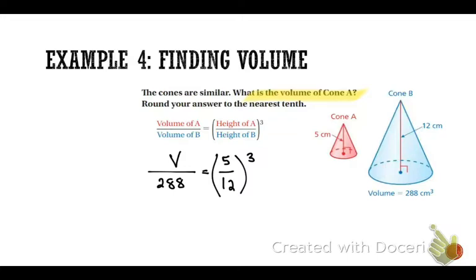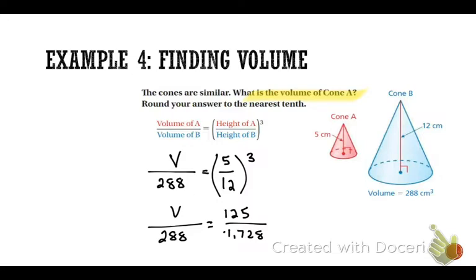Okay, so V over 288 equals 125 over, and then we need to do 12 times 12 times 12. I'm pretty sure I know what it is, but I just want to double check. 1,728. Yep, that's what I thought.